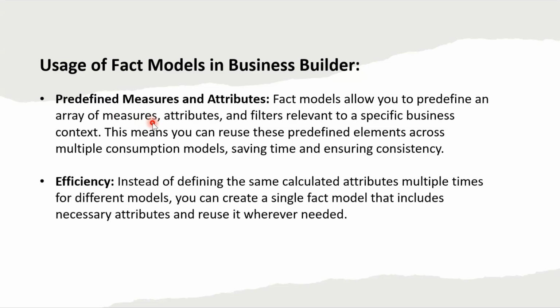So similarly you can define multiple fact models with specific data, and then combine those fact models in your consumption model with all these calculated things already done in the fact model, so that you do not need to define or calculate again and again in multiple reportings which have similar requirements.